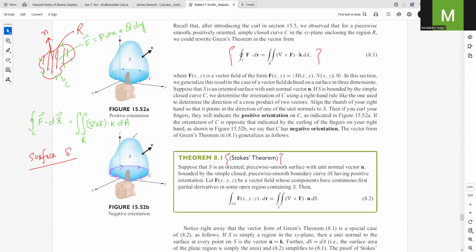For example, suppose we take a point here and consider that this is the tangent plane at this point. This plane is tangent at this point.